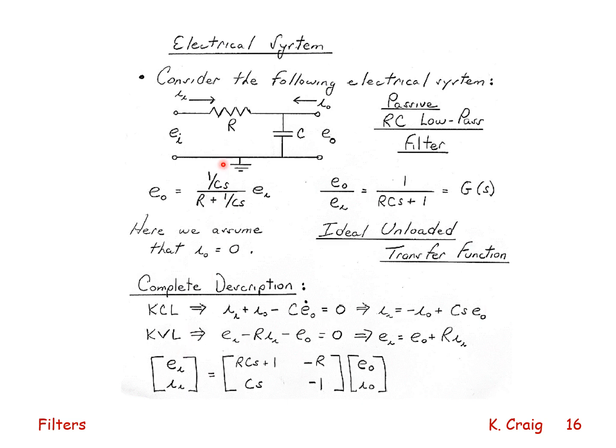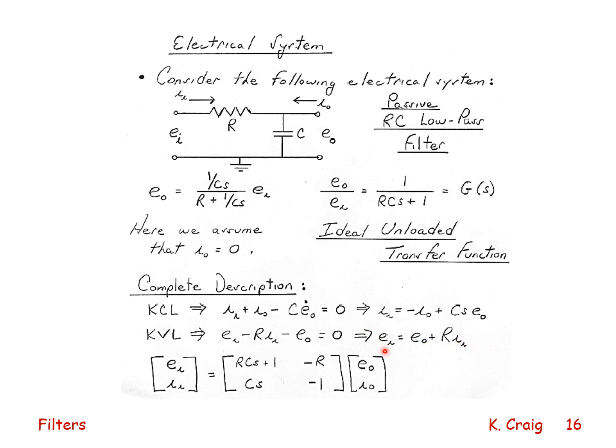Kirchhoff's voltage law says the sum of the voltages around this closed circuit must equal 0. So I have E in minus the voltage drop across the resistor, which is I in times R, minus the voltage drop across the capacitor, which is E out. That must equal 0. So I have E in equals E out plus R times I in.